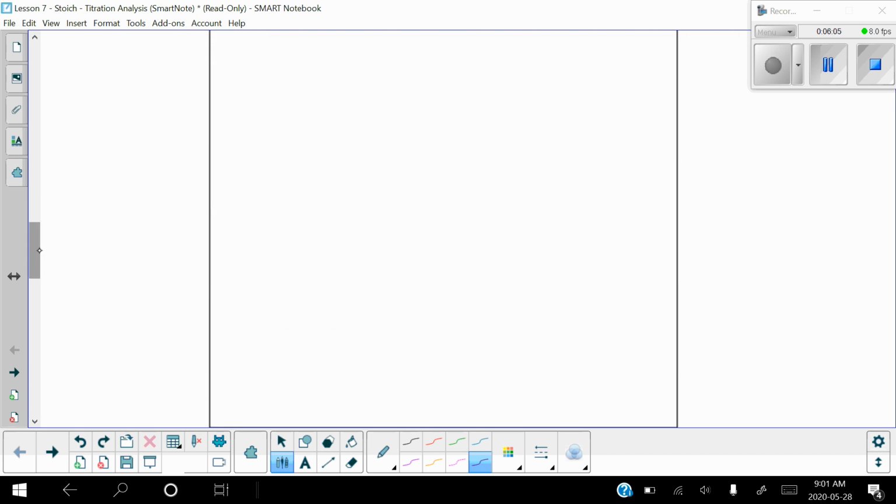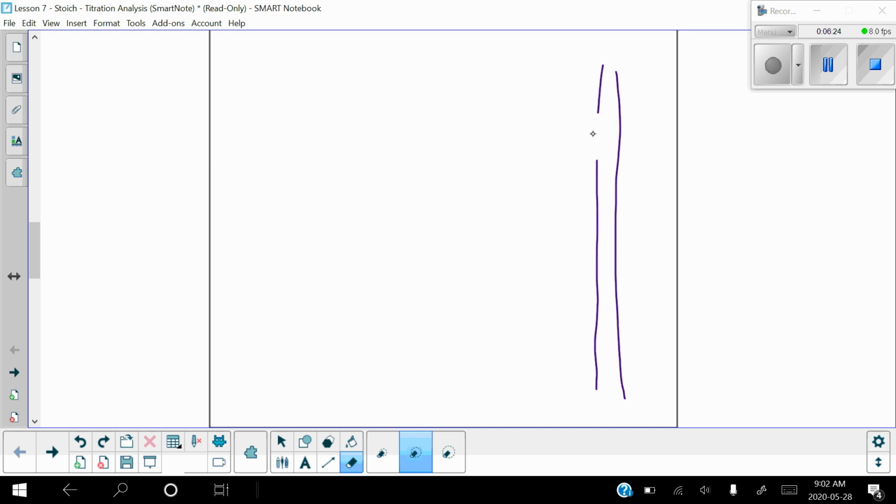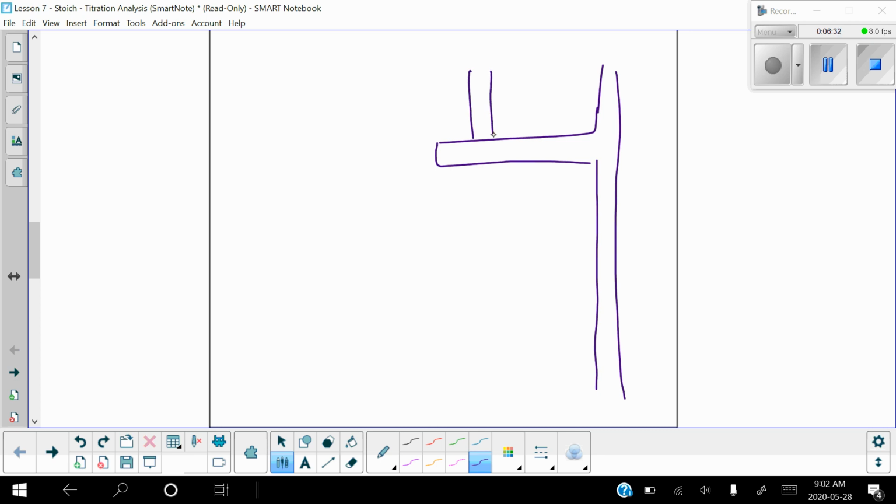Okay, so we're going to do some sketching here. So first of all, we have a stand that holds the burette. My artistic skills. Okay, and in the stand we hold the burette.